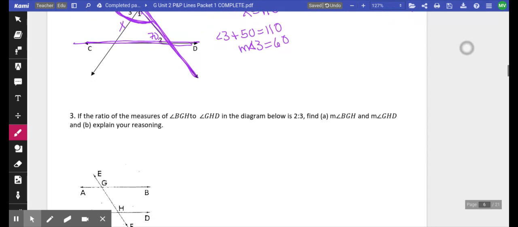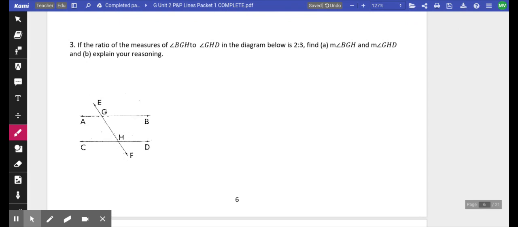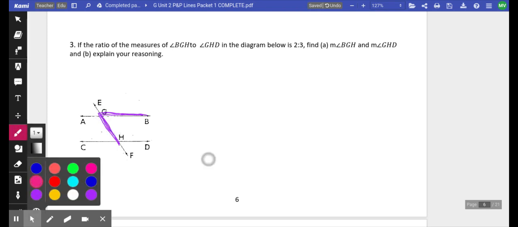So now I'm going to help you set up number 3. And then I want you to pause and do it together. So it says the ratio of BGH, so BGH is this angle right here, and GHD, so then GHD is this pink angle, is 2 to 3.